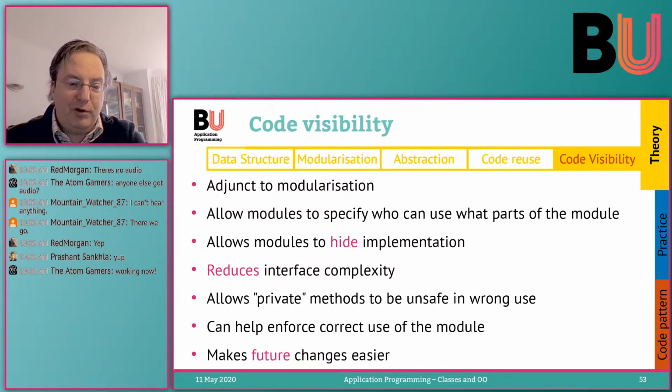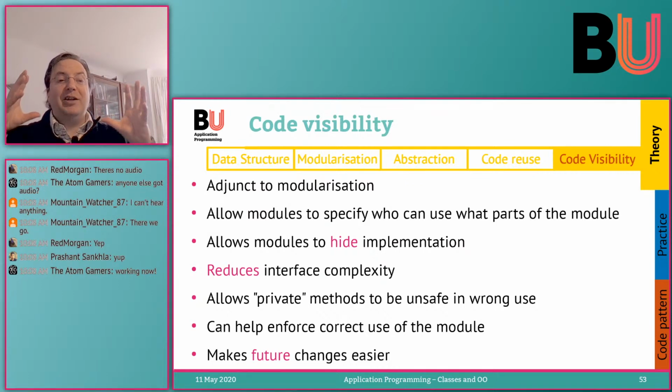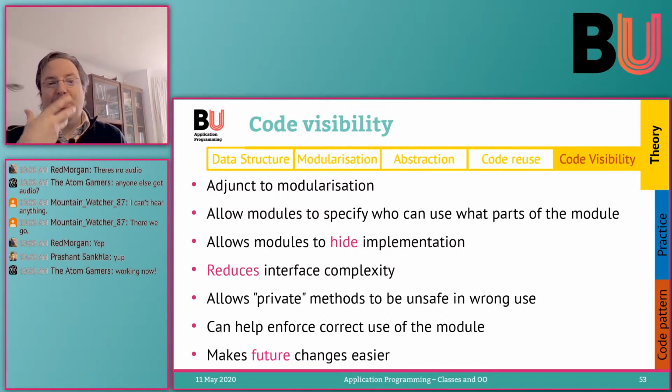It also can help make sure that the class or the module is only used correctly, because the dangerous ways of getting at it are hidden away. You can only change the state of the object through the well-checked functions that are allowed to manipulate it, and they do their checks to make sure that the state of the object stays valid.